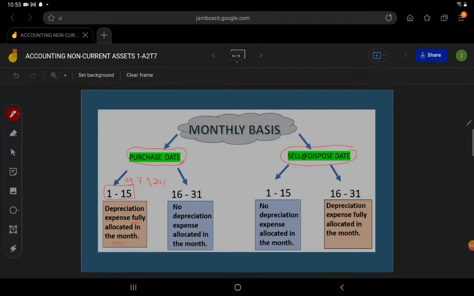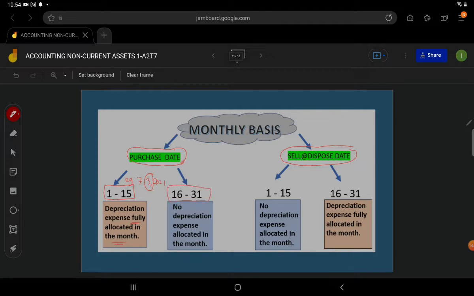Jadi, nak kira depreciation expense, maksudnya pada bulan 3 ataupun pada bulan Mac dikira full for 1 month. Bulan Mac tu dikira penuh. So, calculation untuk depreciation expense kita akan calculate bermula daripada bulan 3.